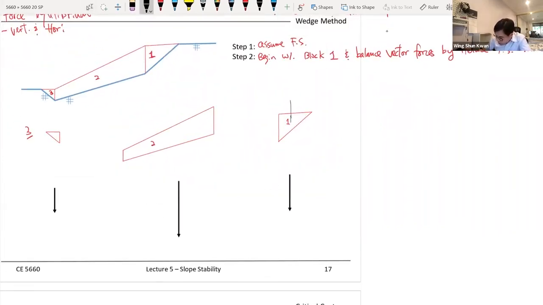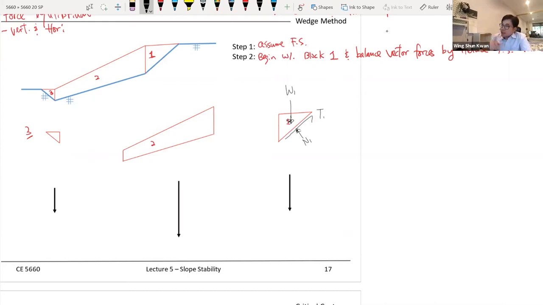First, the most simple one is the weight, which is pointing down. It has a friction force against the bottom of the slide, and you will have a normal force acting against the slip surface.